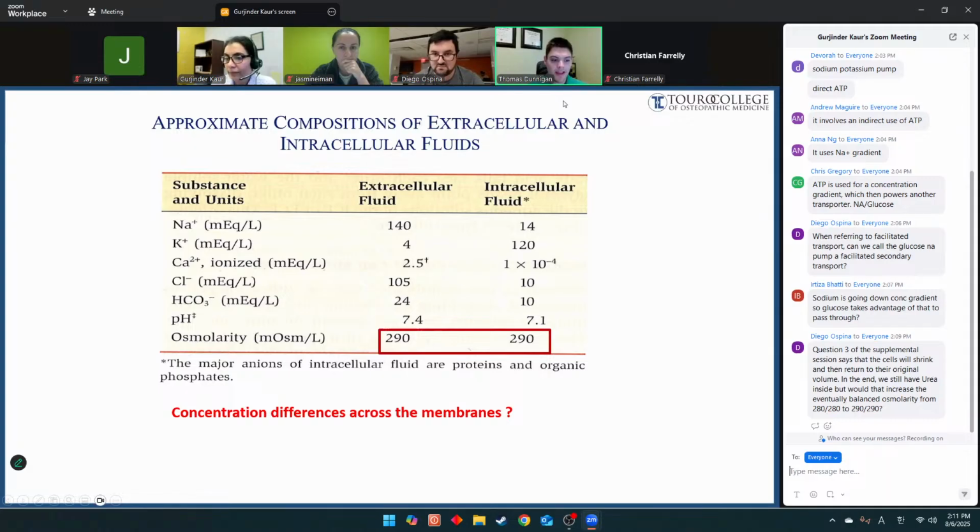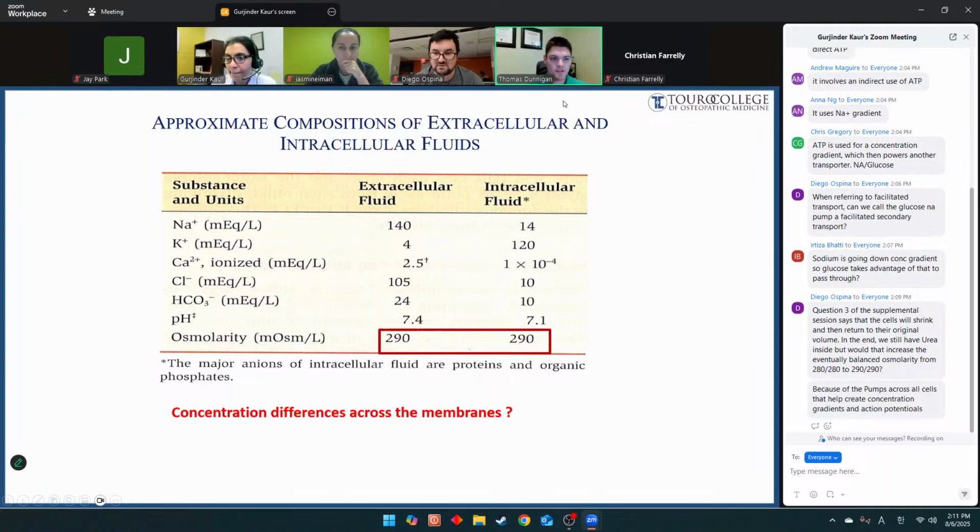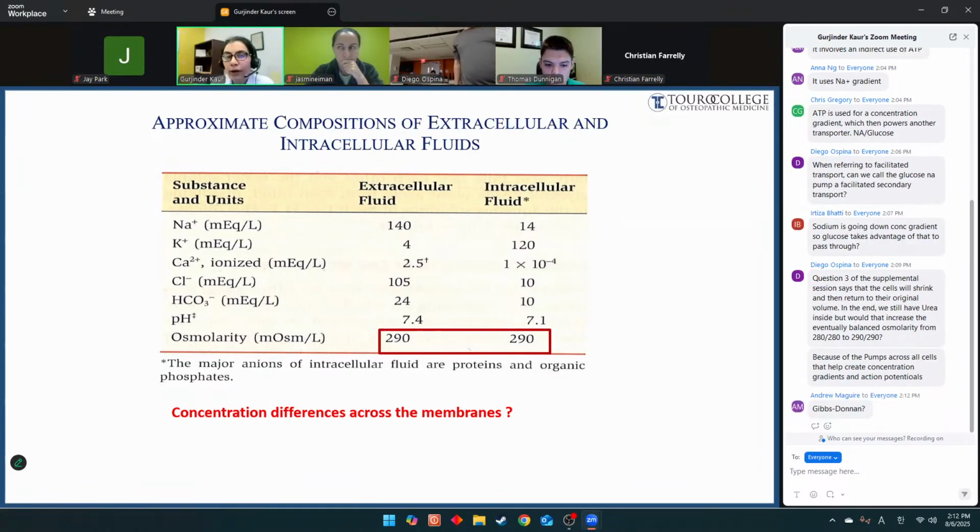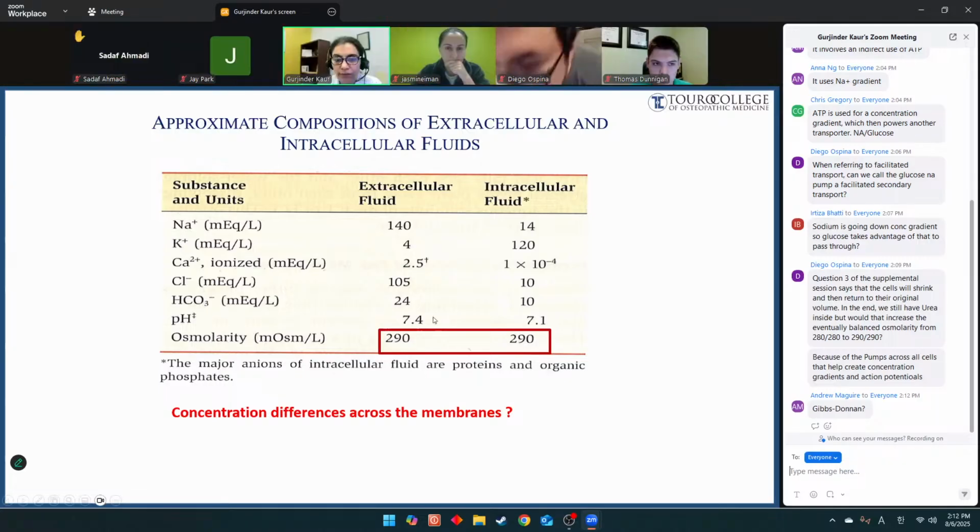Would it be the plasma proteins that are responsible for the differences in the ion concentrations? Yeah, partly that's true, but why are the concentration differences maintained and what roles do they play? That is my question. Gibbs-Donnan is correct, Andrew. I'm asking.